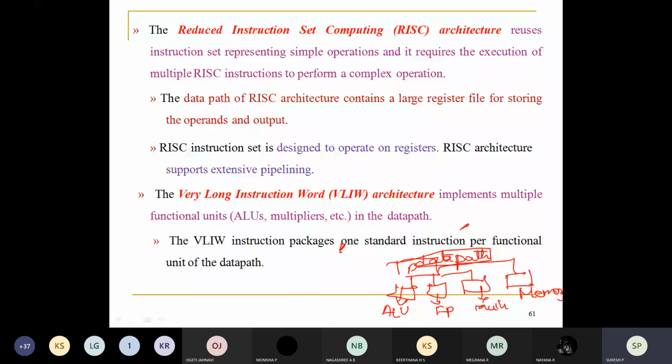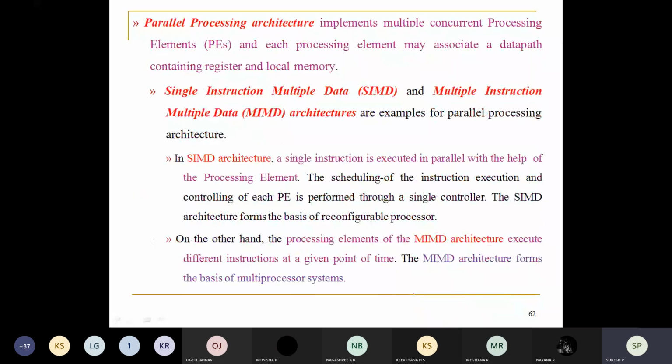Okay, so next is the parallel processing architecture. In parallel processing architecture you have two different types, which stand for single instruction multiple data and multiple instruction single data. It tells you how to implement multiple concurrent processing elements, and each processing element may be associated with a data path which contains the register and the local memory.